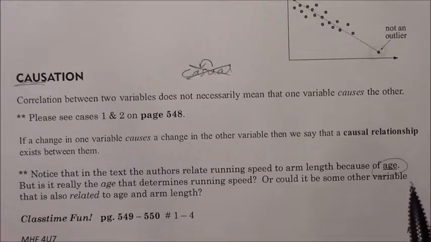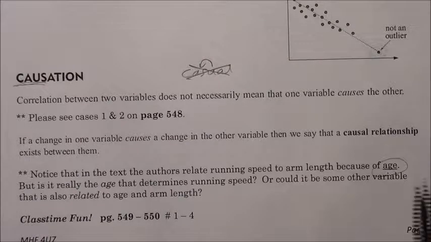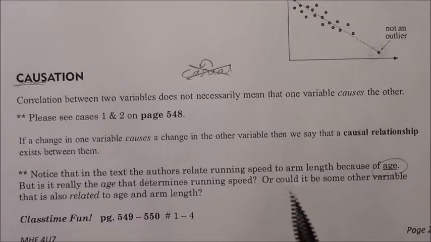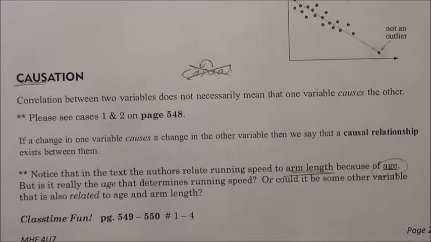But what I'd like you to do is really take a moment to think about that. Is it really the age that determines the running speed? Could there be some other variable related to arm length that would determine running speed, or that would cause an increase or decrease in running speed? Think about that for a minute, and then we'll discuss that tomorrow.